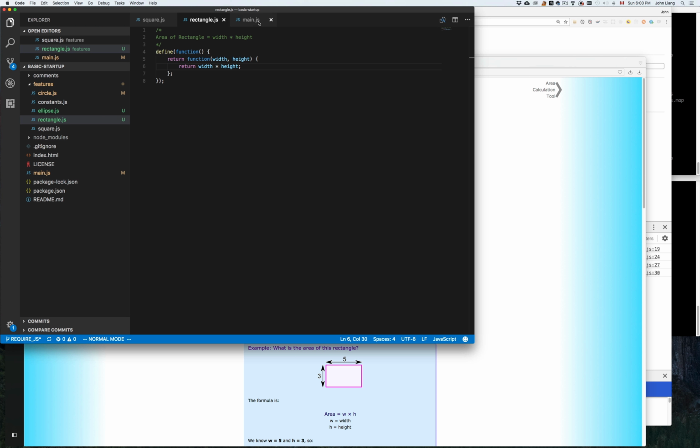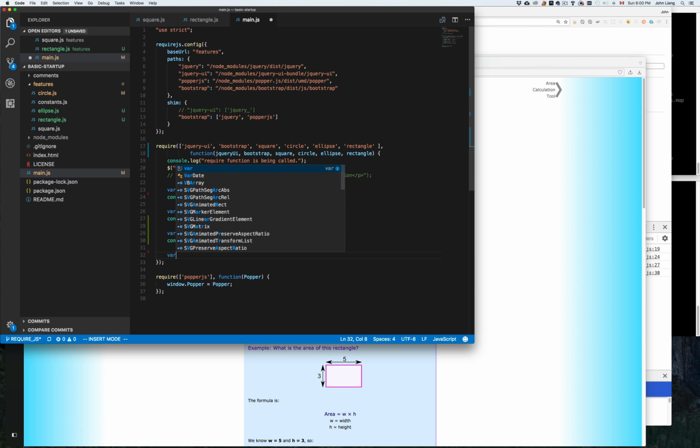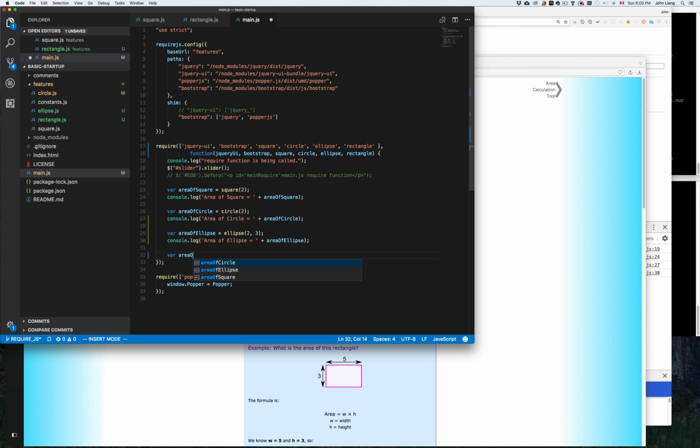Let's go to main.js. Include the rectangle and the rectangle formula. And then var area of rectangle equals to rectangle. Let's use 2 and 3 again.